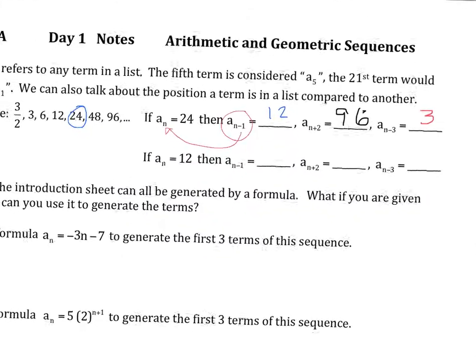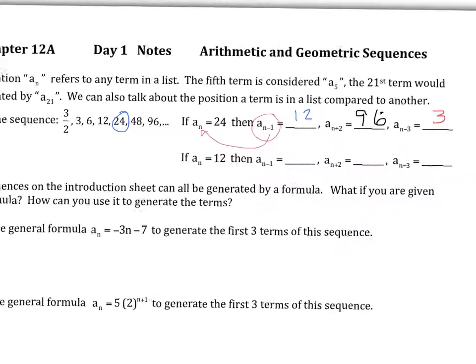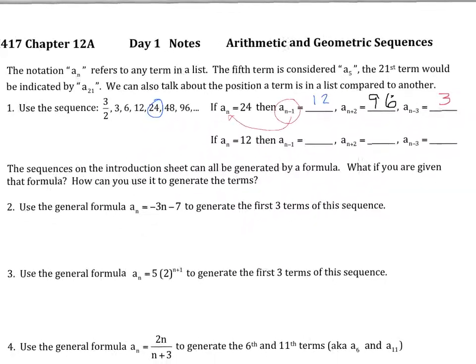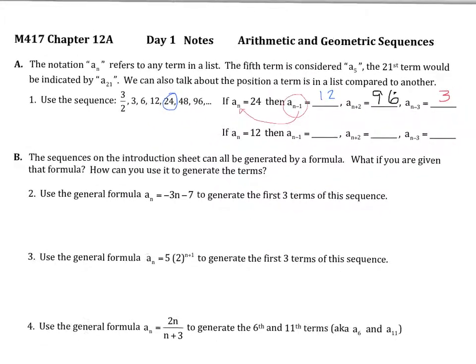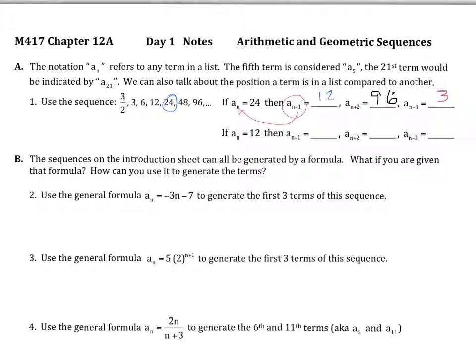So now, if the A sub n is equal to 12, then A sub n minus 1 refers to the term that's before it. So before the 12 would be the 6. A sub n plus 2 would be 2 terms that are after the A sub n term.